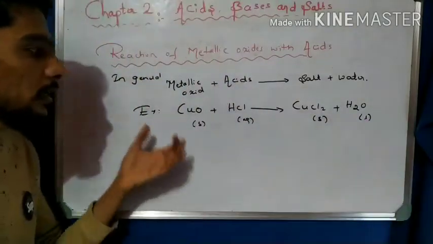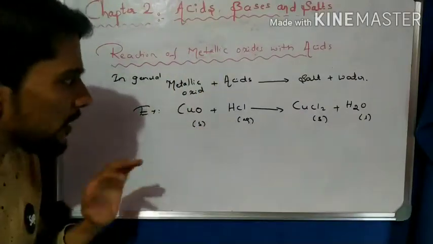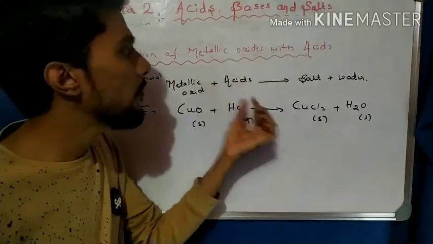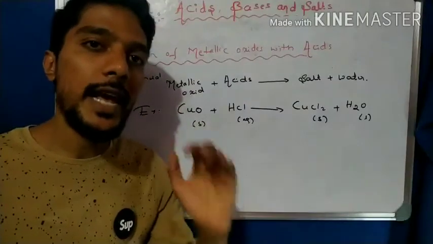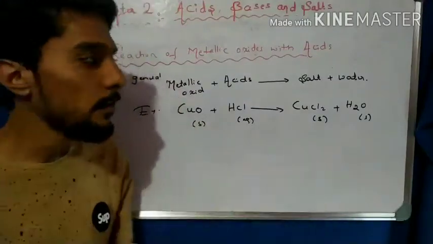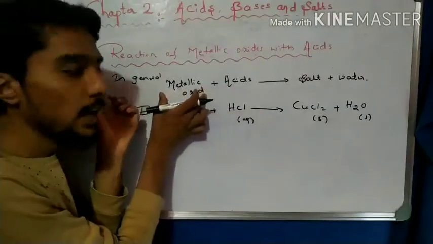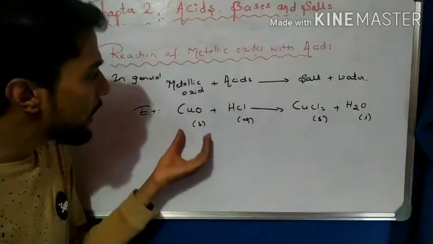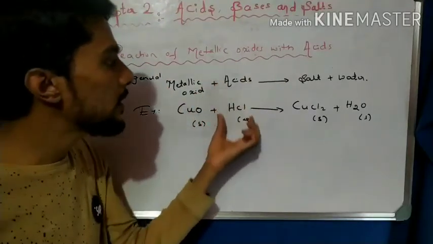So this is the reaction of metallic oxide with acids. Very simple, very easy. Metallic oxides with acid form salt and water, the same as when an acid reacts with a base. The only change is that in place of the base I take a metal oxide. When metal oxides react with acid, we get salt and water. The example is copper oxide with hydrochloric acid.